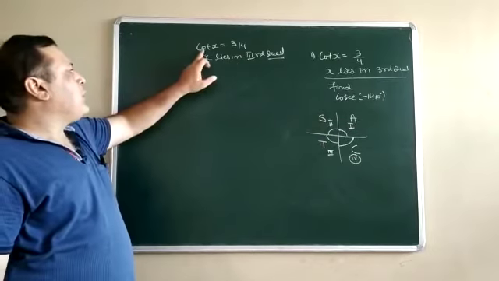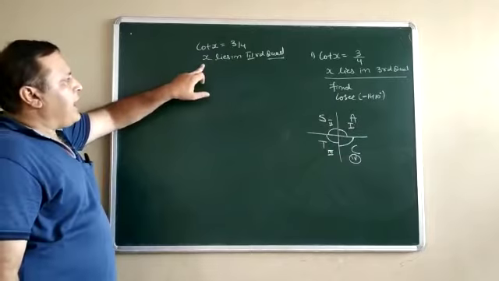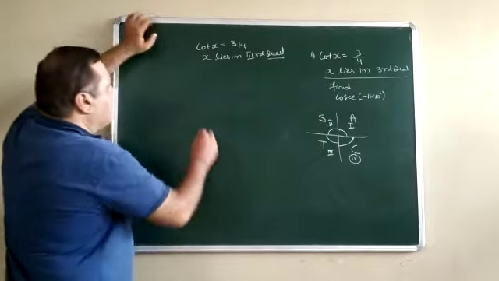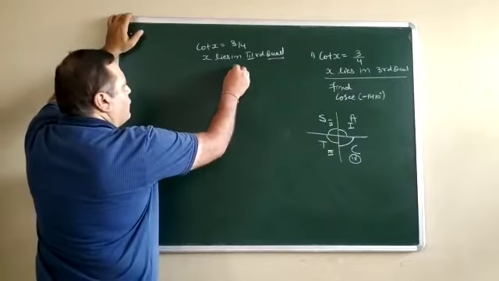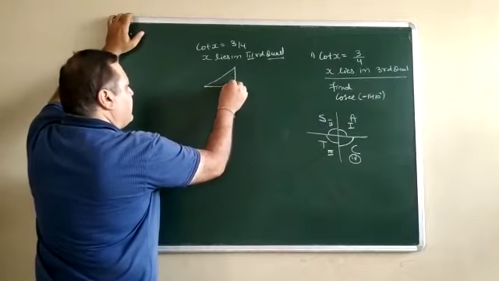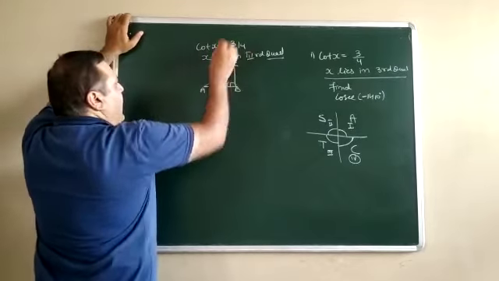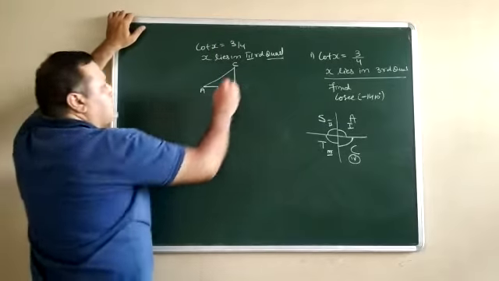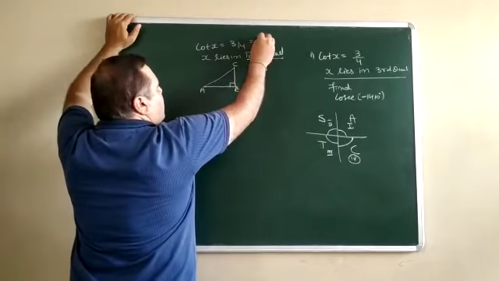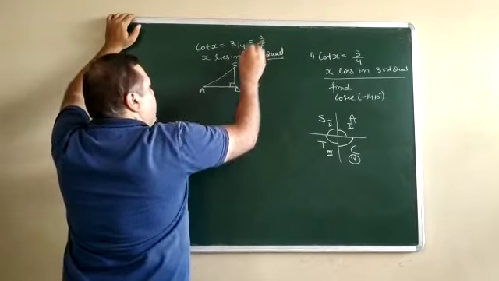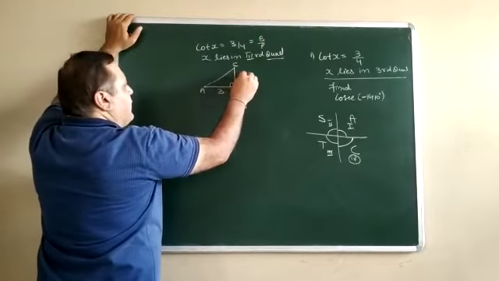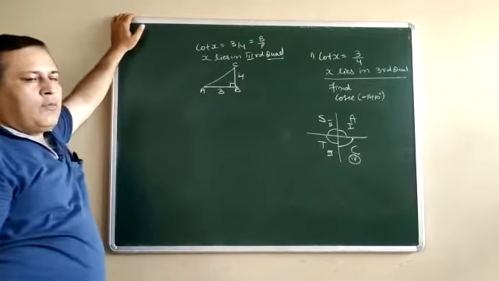See this one, cot x is equal to 3 by 4. x lies in the third quadrant. First of all, we have a right angle triangle. Let the name of the right angle triangle be A, B and C. As given, cot is equal to what? Base upon perpendicular. So base is equal to 3, perpendicular is equal to 4.